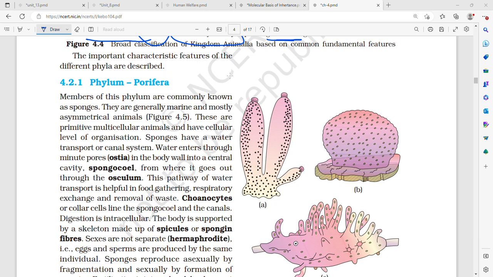Annelida, Arthropoda, and Mollusca are called schizocoelomates because they are made by splitting up of mesoderm, whereas Echinodermata and Hemichordata are called enterocoelomate.